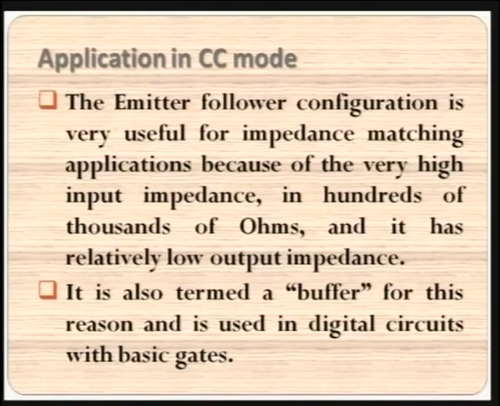And what is the use of the transistor in the common collector mode? Mainly it is because of the impedance feature, high input impedance and low output impedance. Because of that, how it is used? Let's see what is the application. The emitter follower configuration or common collector configuration is very useful for impedance matching applications because of very high input impedance in hundreds of thousands of ohms, and it has relatively low output impedance.